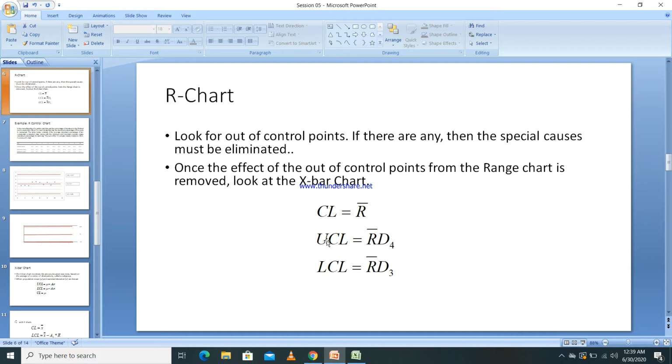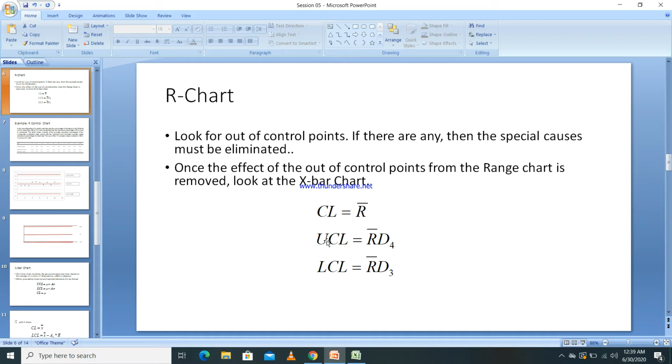So first you take your data set, you draw the R chart, and you check whether your process is in control or out of control. If your process is in control, no problem, then you take the same data set and draw the X bar chart, and again we can check whether your process is in control or out of control, right?